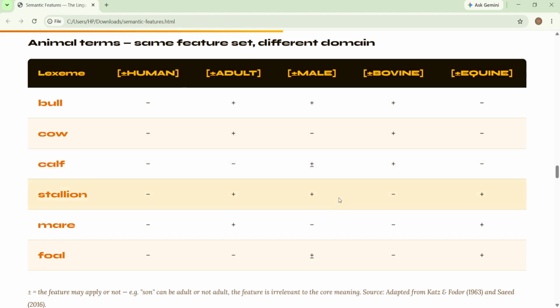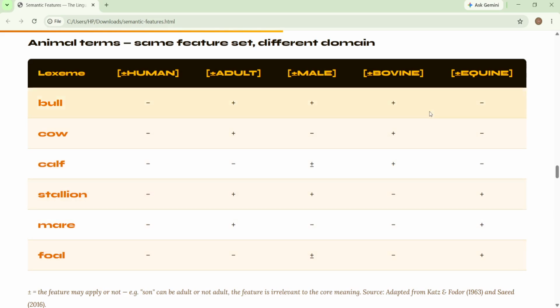Then stallion is obviously male, mare is not, and for foal it's dependent on the situation. It's a neutral category, so it can't be marked as male. So these are the terms that define if they're male or not. But when they're babies, neutral categories are used, like this one and this one.